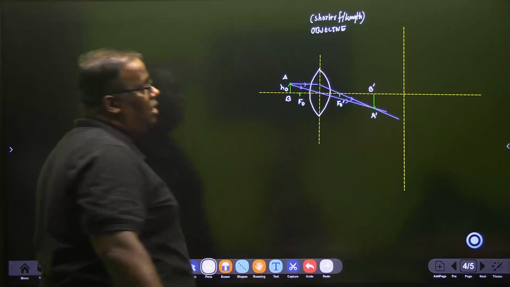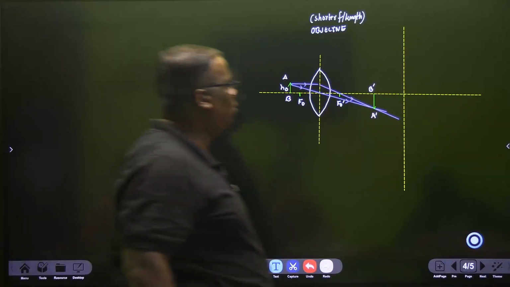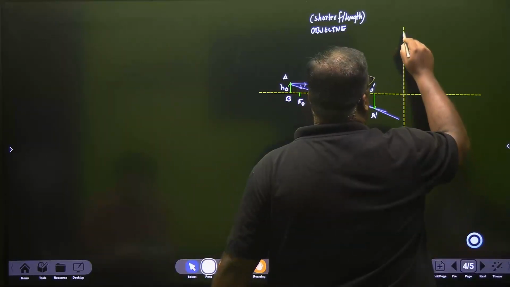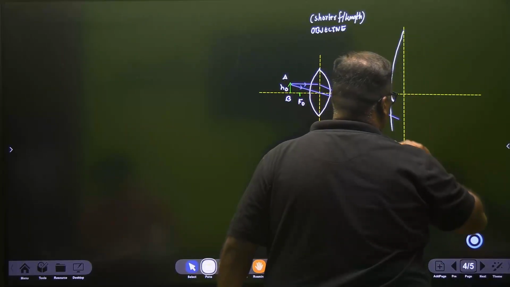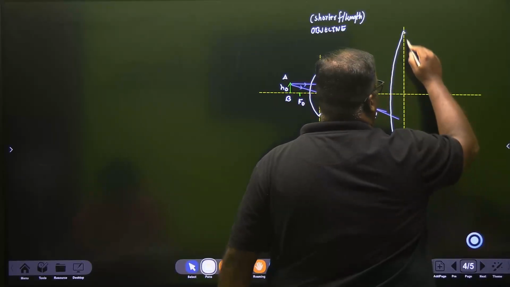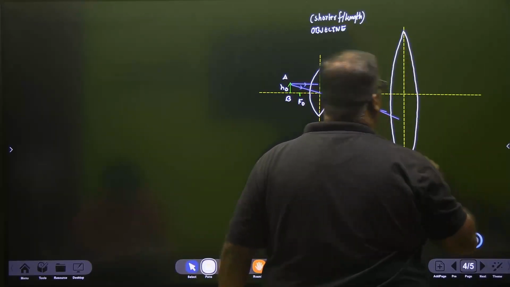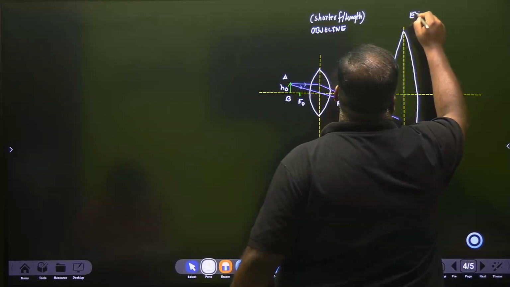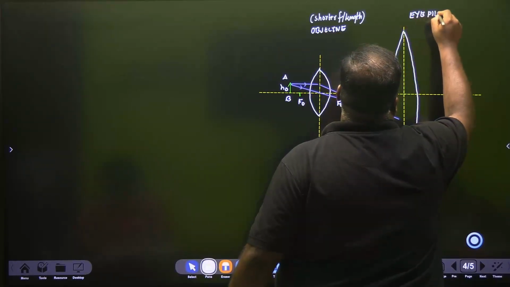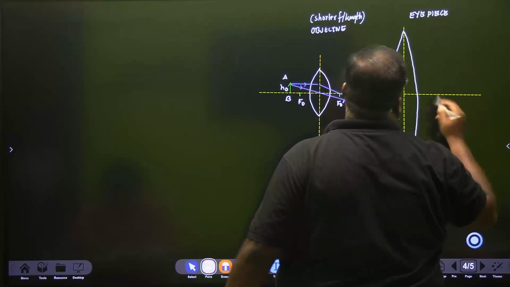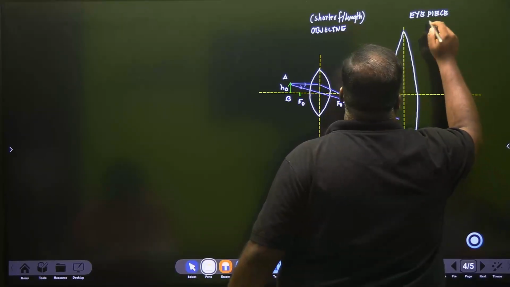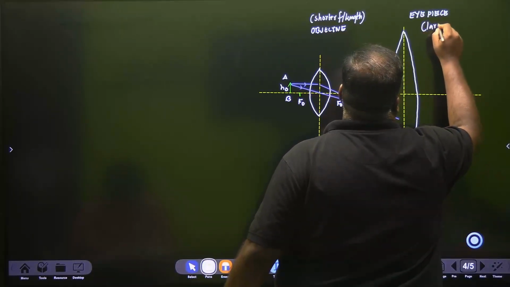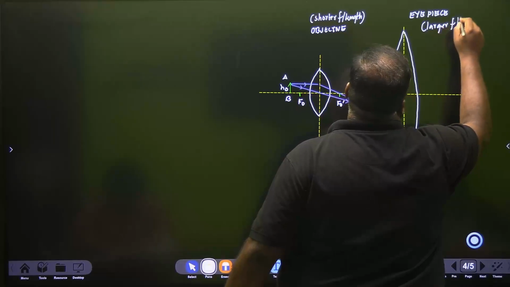And the second lens, which will be known as my eyepiece. This is my eyepiece. My eyepiece will have larger focal length. Eyepiece because your eye is on this side and this has larger focal length.